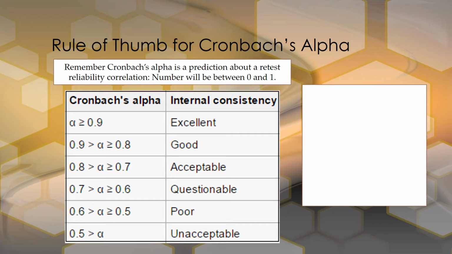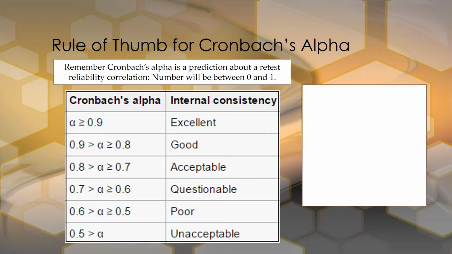It's not going to mean the people who did really well are going to do really badly now, and the people who did really badly are going to do really well. That would mean it's negatively correlated. So that's not going to happen. So the number for Cronbach's alpha will always be between 0 and 1, because it's always going to be a positive correlation, and positive correlations are between 0 and 1.